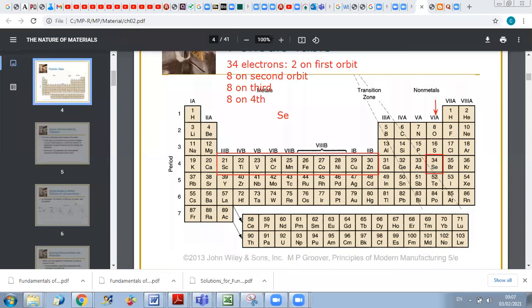So you can just say, since it is in group 6A, then it has 6 valence electrons. So it means that it will have 6 electrons on its outer orbit.